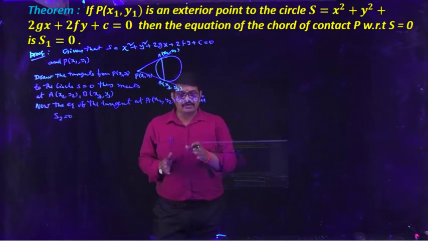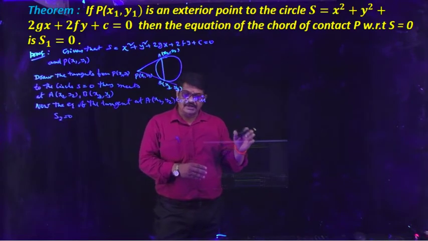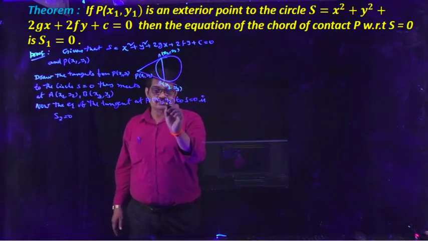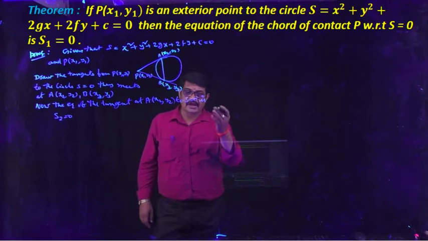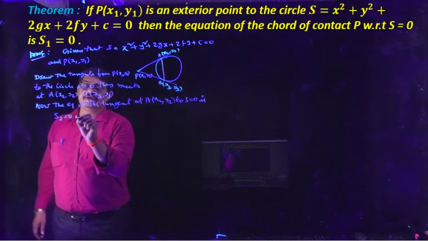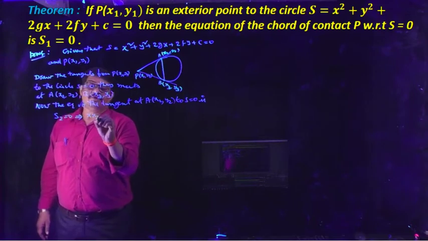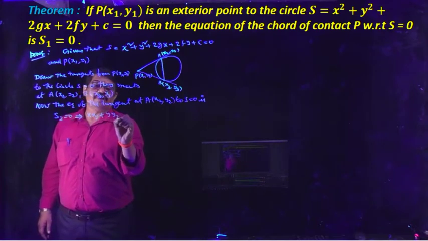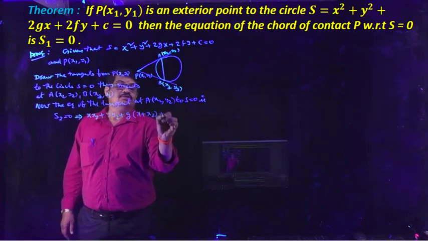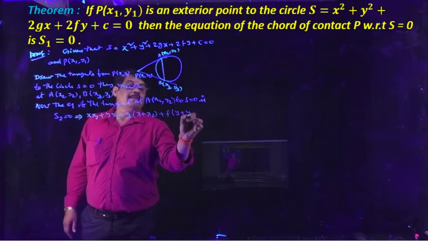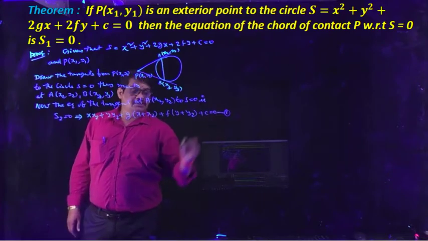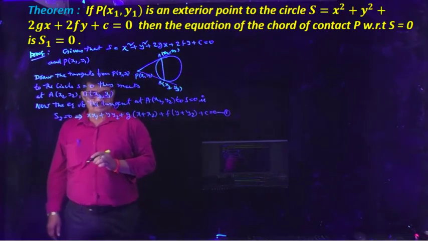But here the point is x2, y2, so at this point the tangent equation is S2 is equal to 0. What is S2? x x2 plus y y2 plus g into (x plus x2) plus f into (y plus y2) plus c is equal to 0. This is equation 1.